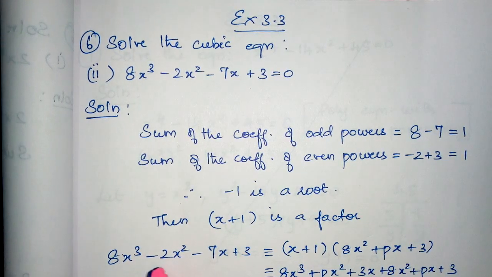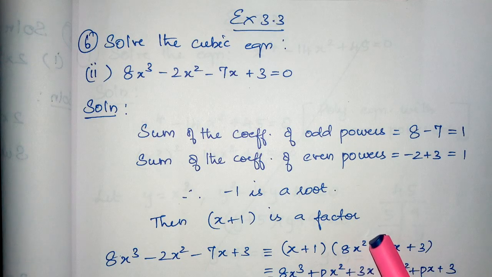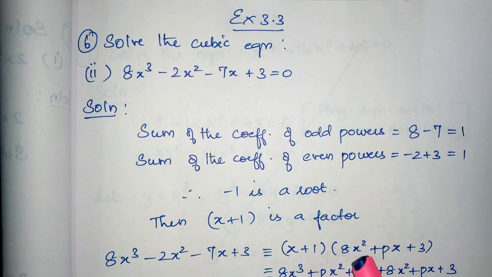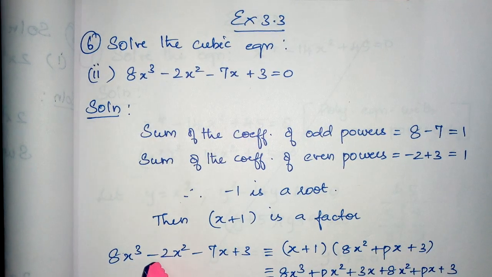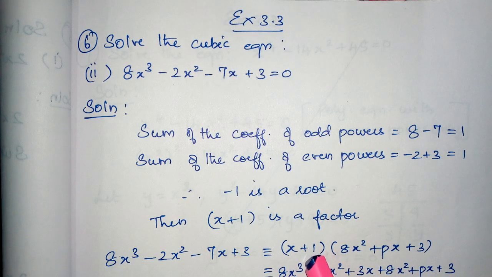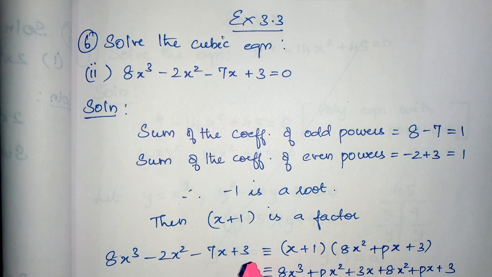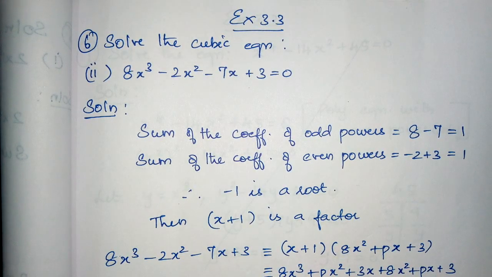The coefficient of x cube is 8, so I multiply the x square term with 8. So 8x square into x is 8x cube, and the second term is still unknown, so we make it p into x, plus the next term. Since I have 1 here, I have to put 3, so that 1 into 3 gives 3, right?